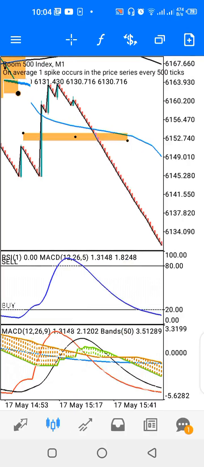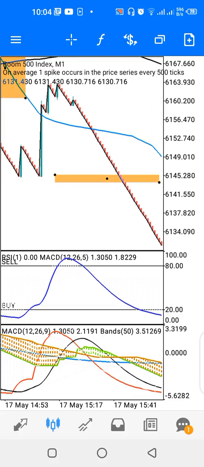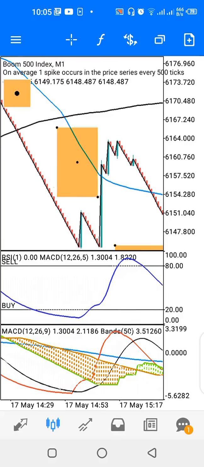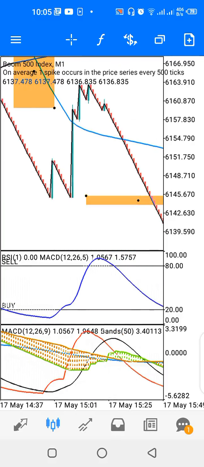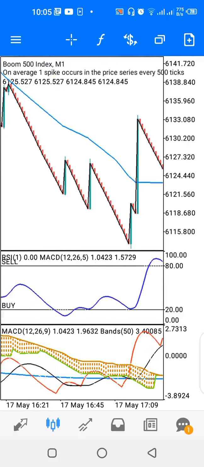I'll enter my sell when I have a breakout of this low, because the blue line crossed somewhere around here when price was at the lowest and price retraced. So I'll rather wait for it to break this low. This low is directly under the crossing, so I'll wait for when the low is broken, then I enter the sell trade, and I make some profit.